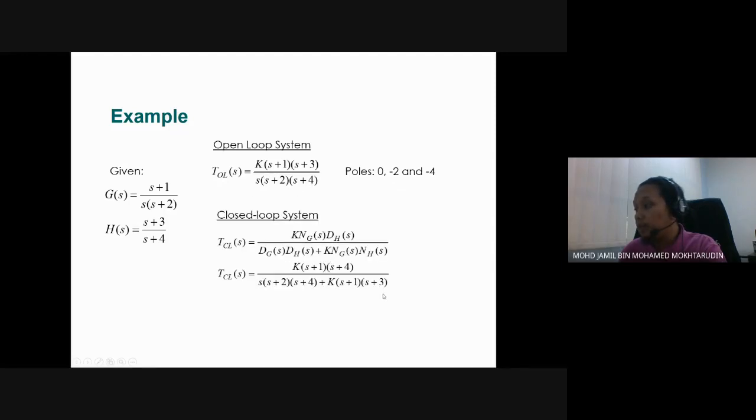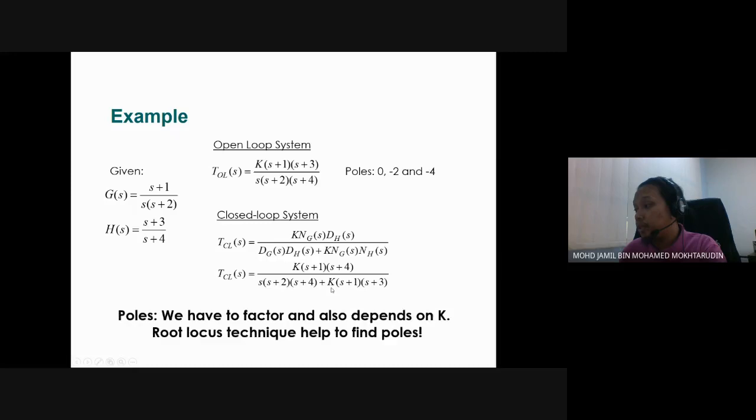But for a closed loop system, the denominator depends on K. To determine the poles, you need to expand the denominator, and it depends on the value of K you give to the system. That's why we use the root locus technique to help us find the poles.